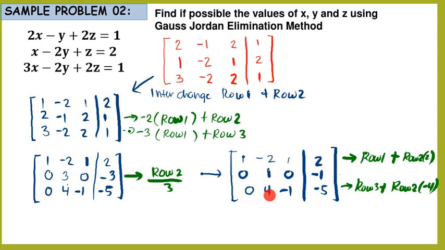And then we have here row 3, that is 4 plus 1 times negative 4, that is 0. And then we have here negative 1 plus 0 times negative 4, negative 1. And then we have here the negative 5 plus our row 2 is negative 1 times negative 4. Our resulting here is negative 1.